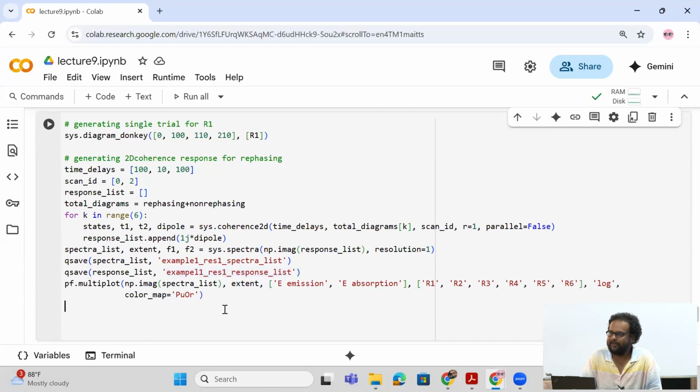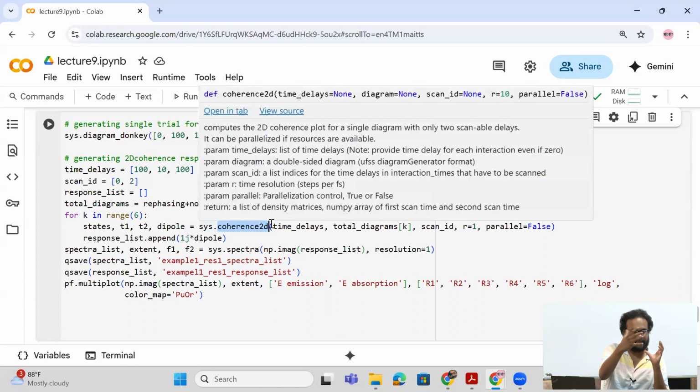So if I were to go over this, it's a complicated thing. The most important thing for you is to first calculate your coherence 2D. The coherence 2D will generate your 2-dimensional temporal interferogram, if I may call it. Remember that when you do the experiment, you're measuring the nonlinear emission, but when you're calculating, there is no way to calculate that directly.